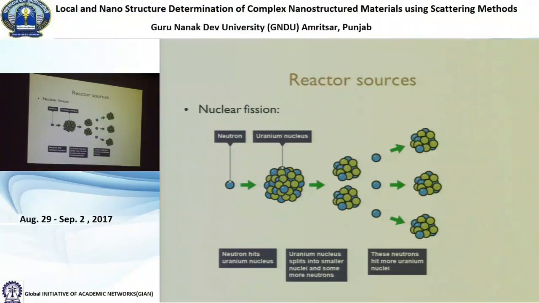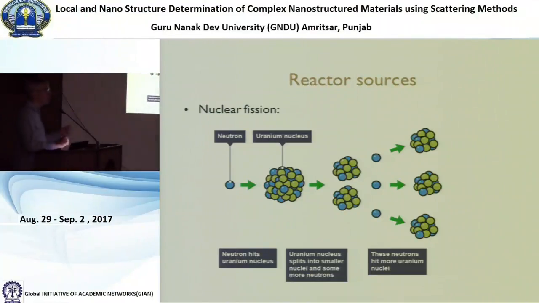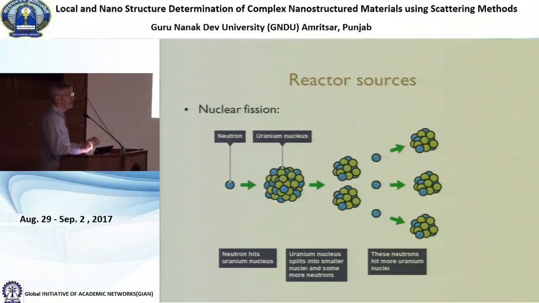But for a research reactor, we want our core to be very small, but we want the flux of neutrons coming out of that core to be very high. So we want a very high neutron density core. The best way to do that is to use highly enriched uranium.